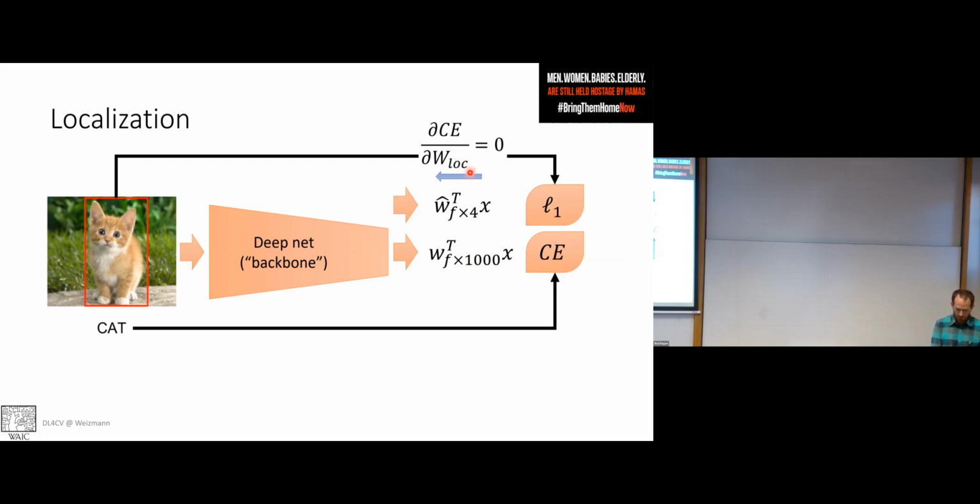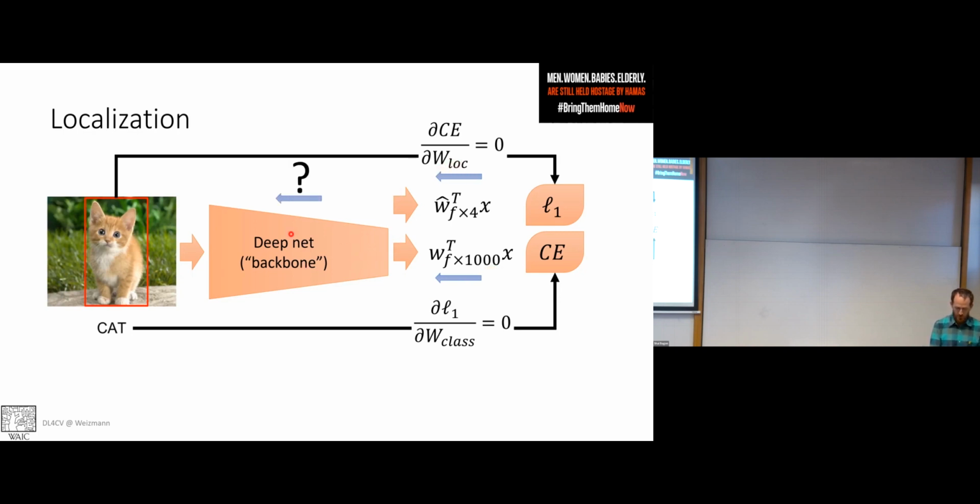The derivative of the cross entropy component with respect to the parameters of the bounding box prediction is 0, because this layer doesn't affect the prediction of the class. In the same way, the derivative of the L1 component of the loss with respect to the classification head is also 0.